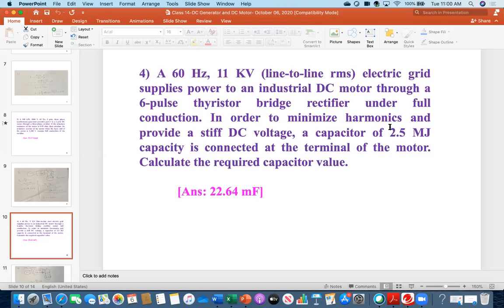So to minimize those harmonics and provide a stiff DC voltage, meaning constant DC voltage, you need a capacitor with 2.5 megajoule capacity connected at the motor terminal. Then what should be the capacitor value that can provide 2.5 megajoule? So in this case also, let me take you to the board. I will be using that same, sorry.